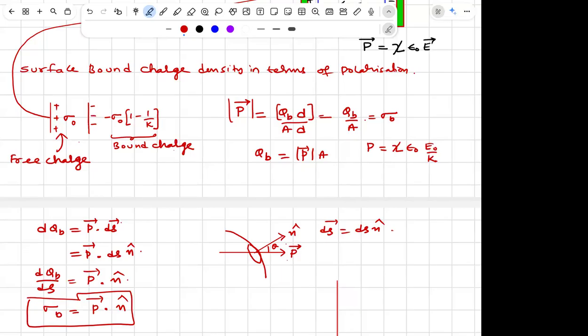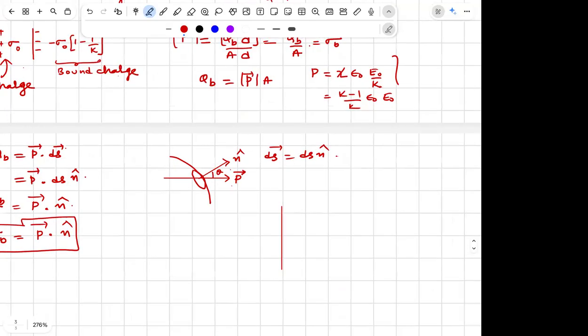What is susceptibility? K minus 1. So which means polarization vector here is epsilon naught E naught times 1 minus 1 by K.